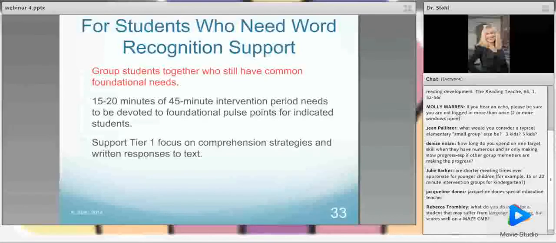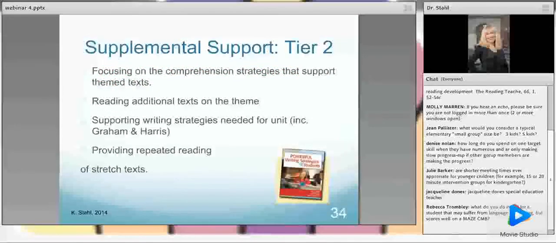And then you will additionally support whatever the Tier 1 focus is on comprehension strategies and written response to text. This book, Powerful Writing Strategies for All Students, is a wonderful text that talks about how to help support children who need something extra in creating written responses to text, as many of these children do.